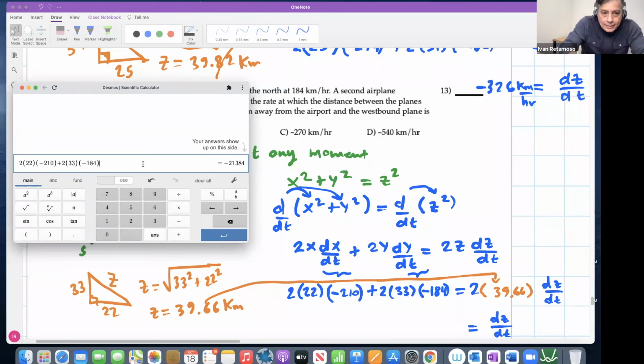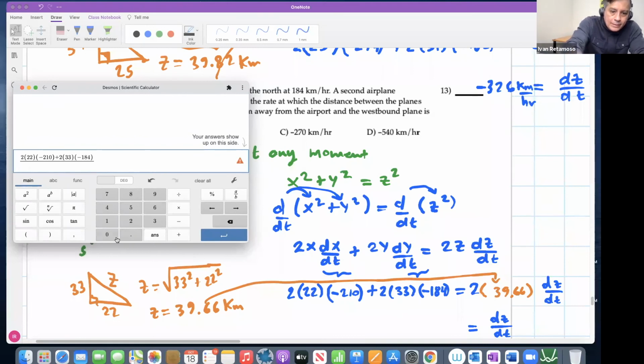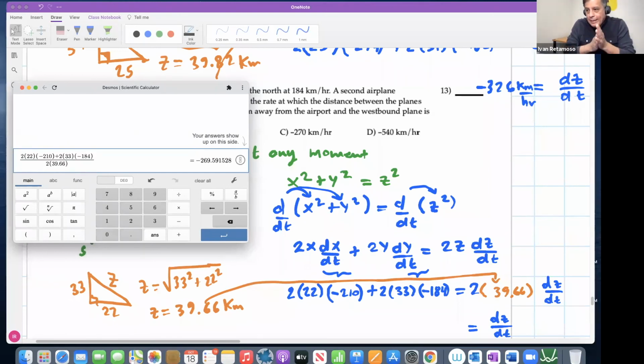All that, highlighted, divided by this part that goes into this, right? So 2 times 39.66, we said, right? Excellent.